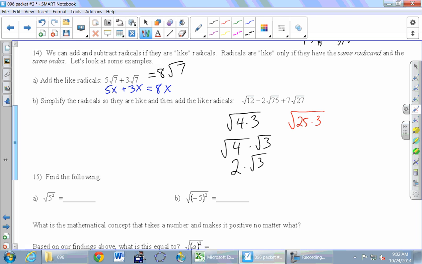So don't just factor arbitrarily. Don't sit there spinning your wheels finding any factor you can. It's a very selective kind of factoring. And then we can split it up because radicals over products work really nicely. And then that square root of 25 comes outside as 5. So it's just 5 radical 3.